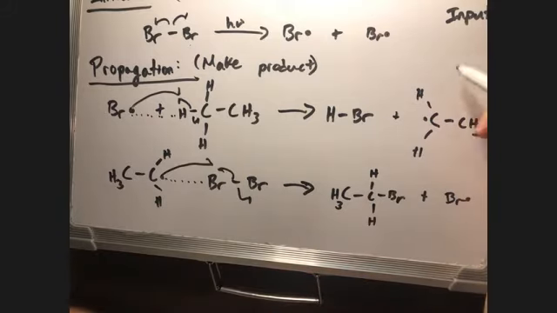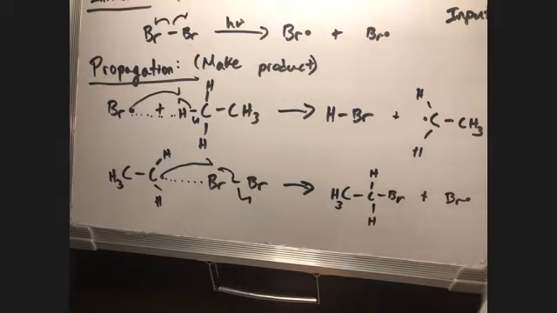But if you had something like this, then the radical is going to form there in the most amount. So that's all the propagation steps for this, for ethane, because there's only these two positions. But if you could make more radicals, then it would, and there would be more propagation steps.